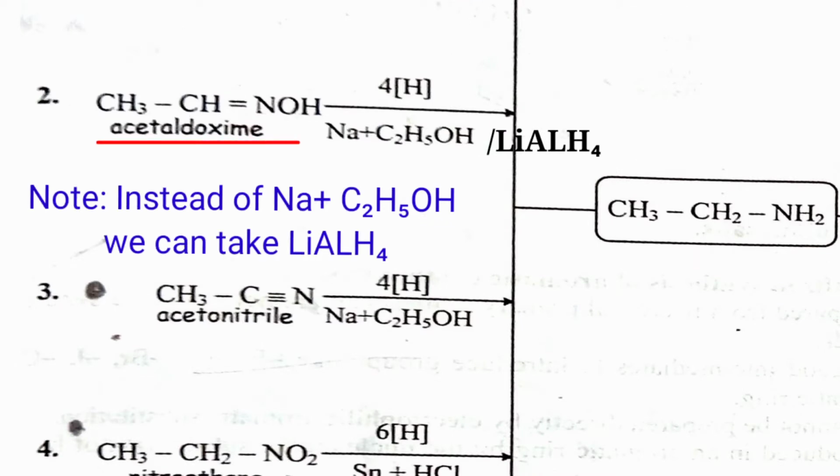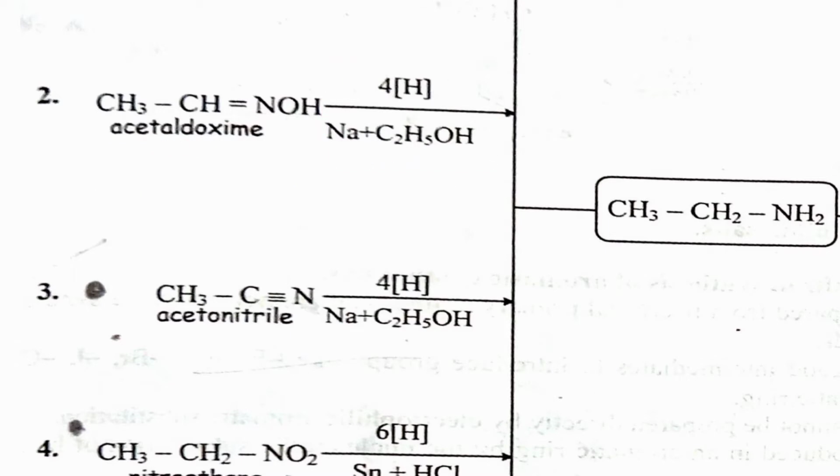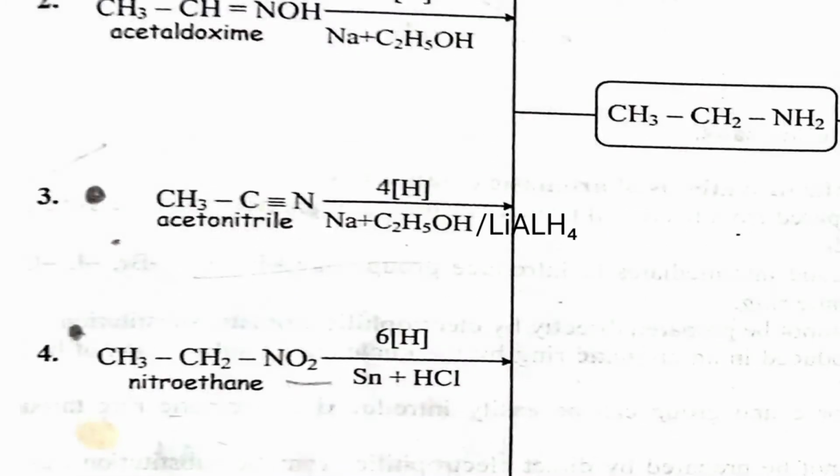This hydrogen is supposed to be nascent hydrogen, which is produced by sodium plus ethyl alcohol. The nascent hydrogen is developed and immediately attacks the acetaldoxime, and amine is produced along with others.